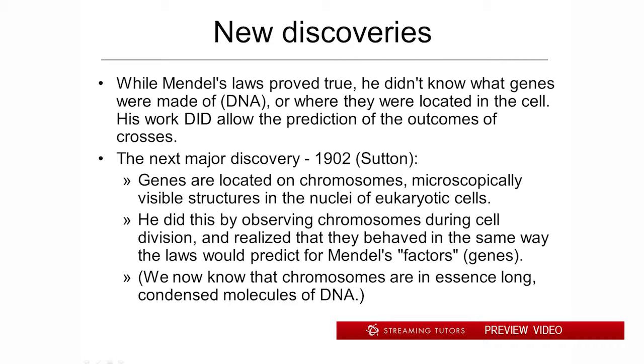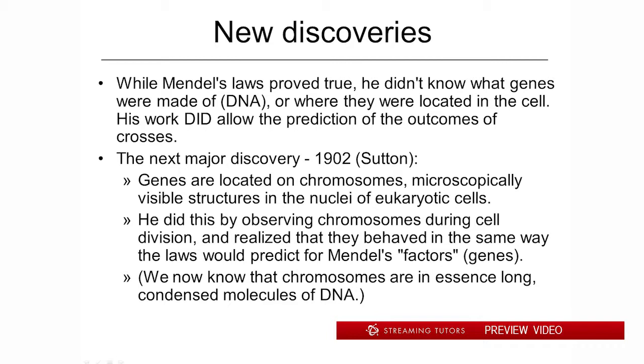But at this point, almost everybody, even non-scientists, know that genes are in fact made up of DNA. He had no idea about that. He also did not know they were located on the chromosomes in the cell. The major thing that his work did allow was a prediction of the outcomes of crosses, assuming that you knew dominance relationships and things of that nature.